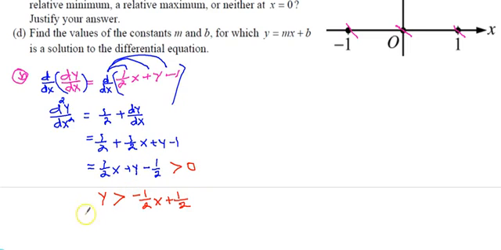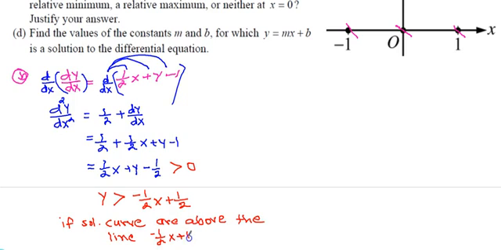And all you have to say is if solution curves are above the line y equals negative 1/2 x plus 1/2, this is my y equals mx plus b, then they are concave up.